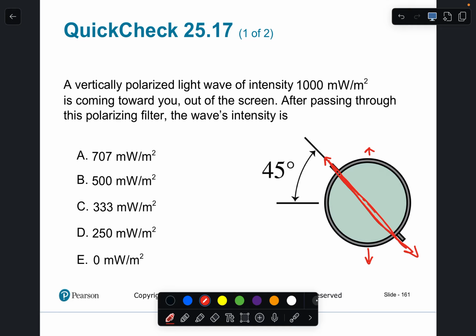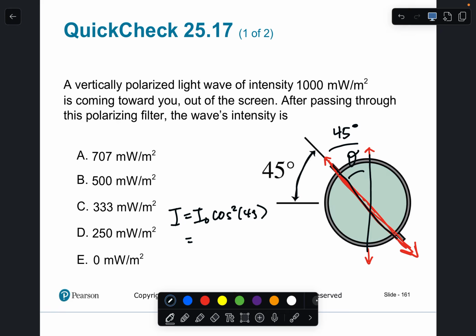Okay. And the question is, how does the intensity change? So if this angle is 45, well, then this angle must also be 45, right? And that's the angle between the polarizing axis and the electric field. So we care about this angle right here. That's our theta. And so I equals I naught cosine squared 45.